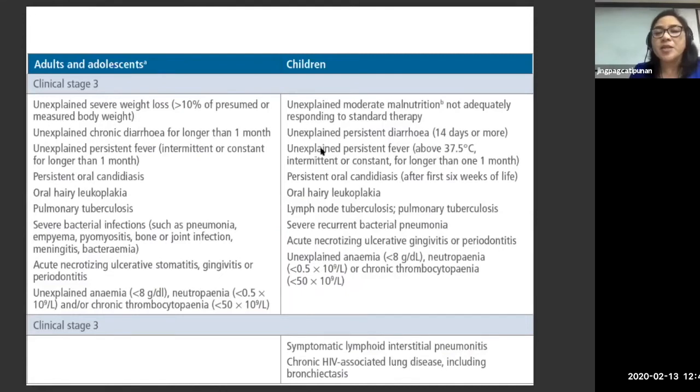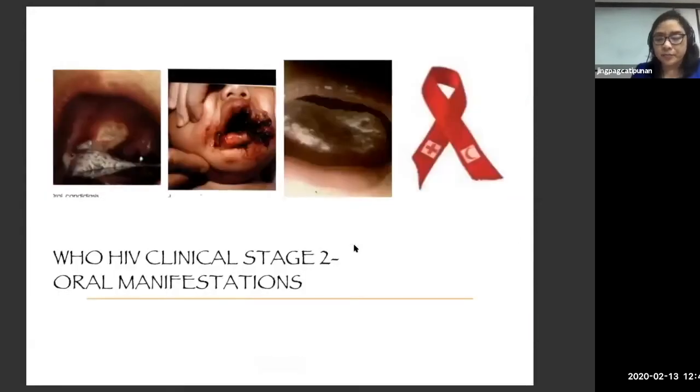Majority of our patients here in PGH, when they present, would usually have the moderate malnutrition that we see in HIV, and these are the oral manifestations.